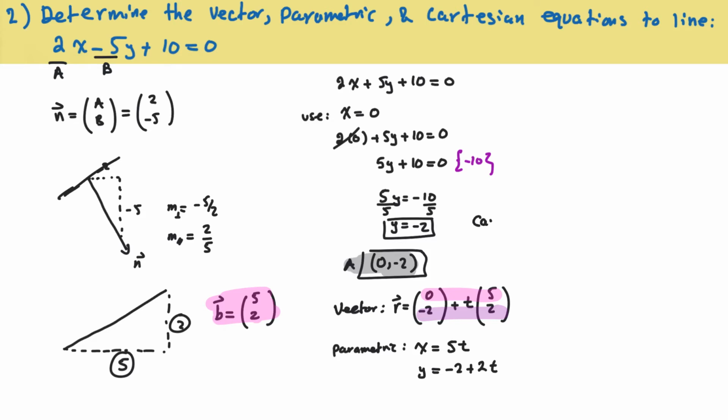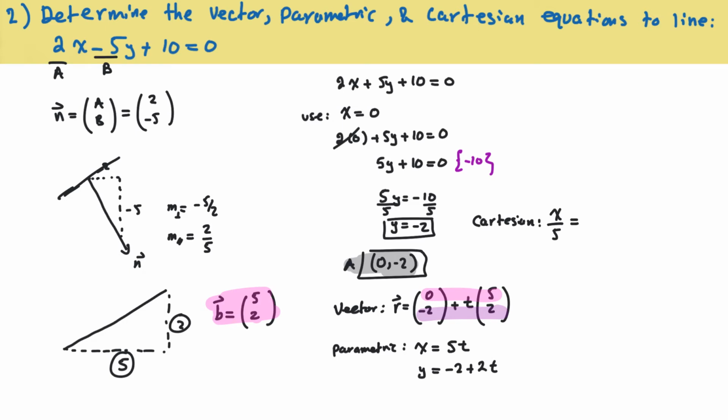Finally, for our Cartesian form, we can rearrange for t and write that down, or we can use the values right from the vector form. It's a little bit easier to use this because we already have the parametric equation. So to rearrange for t in the first one over here, we just divide both sides by 5, so t is equal to x over 5.